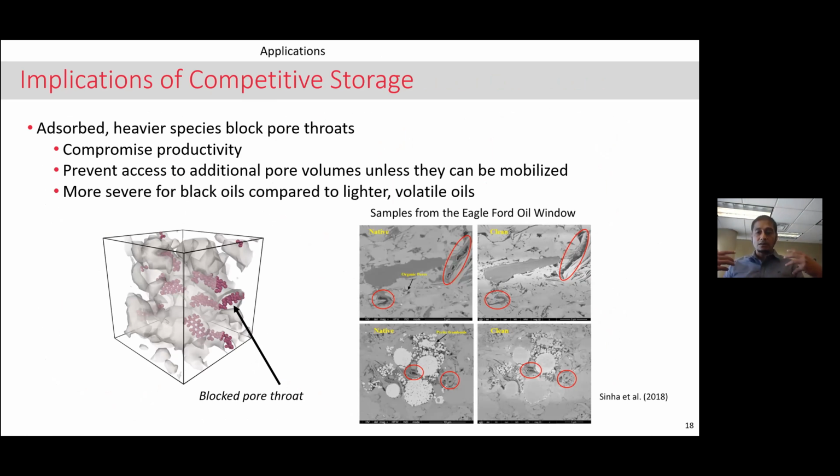If you were to imagine an enhanced oil recovery process, any solvent that wants to come in and mobilize some of the hydrocarbon, it's blocking access for that solvent. It's also blocking access for some of the molecules contained within the kerogen to move out of that kerogen and be produced.